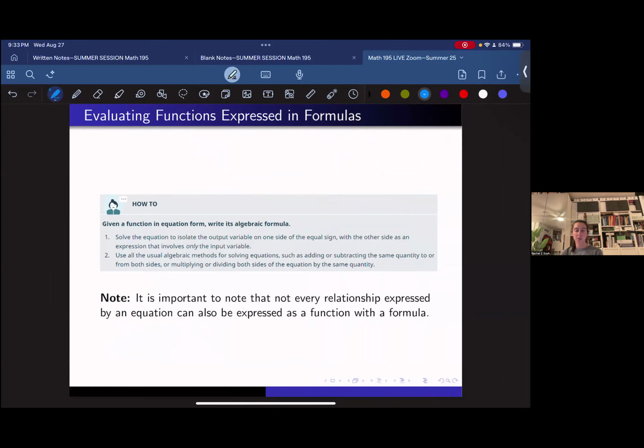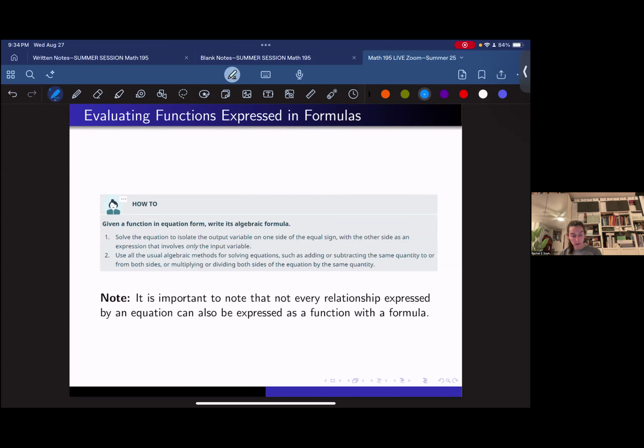Evaluating functions expressed in formulas. So, if you're given a function in equation form, you want to write its algebraic formula. And what we want to do here is solve our equation by isolating that output variable, figure out what is on the other side, and see if we can simplify it further and find all of our solutions.